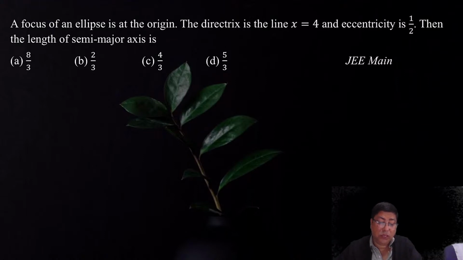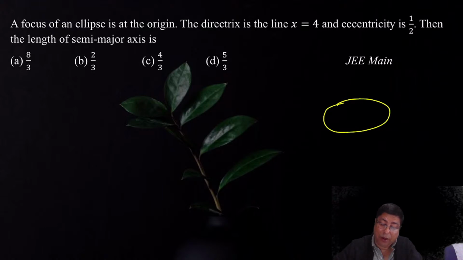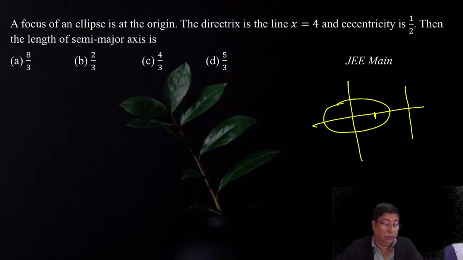Focus is at the origin. Let us draw one rough diagram. Directrix is the line x equal to 4 and eccentricity is half. So ready?